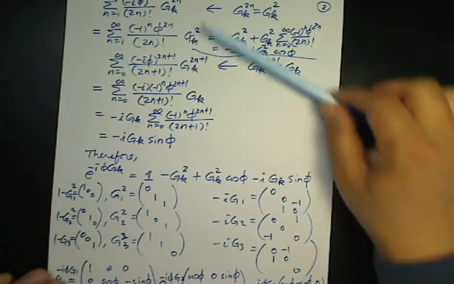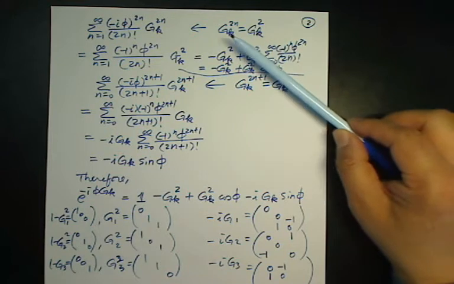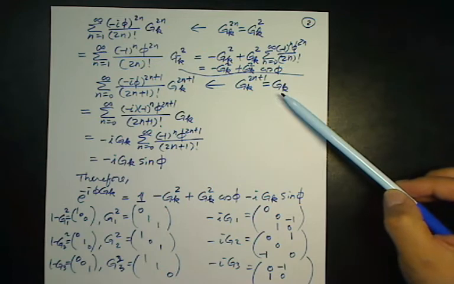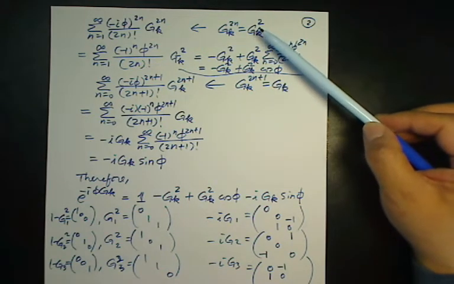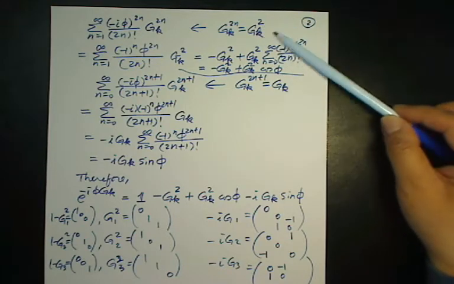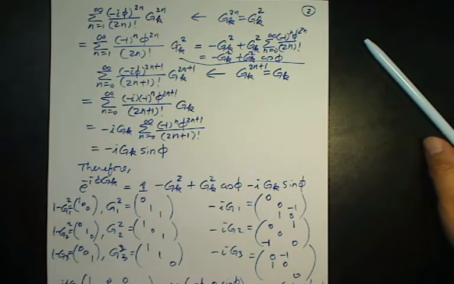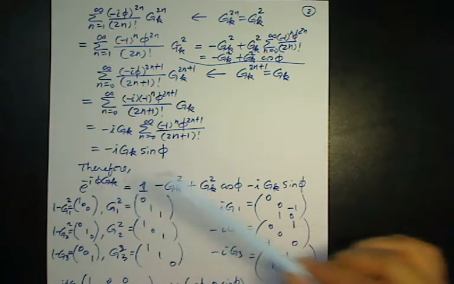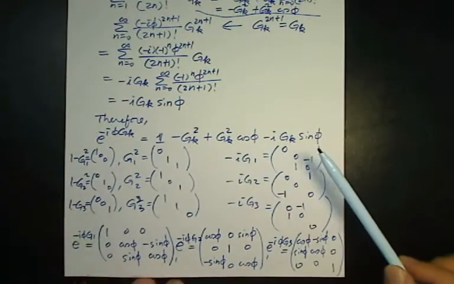Therefore, if I make use of the result, even power is G_k squared, odd power equals G_k, but even is only for n equals 2, 4, and so on, while the 0th power is identity. Substituting all the previous results in here, we find that e to the i phi G_k is expressed in terms of this.